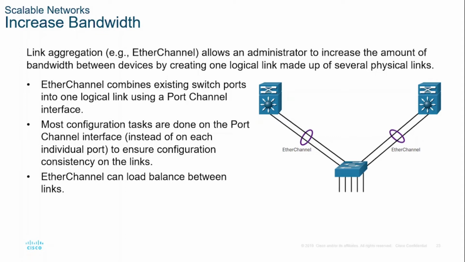As traffic from multiple links converges into a single outgoing link, it is possible for that link to become a bottleneck. So link aggregation such as EtherChannel allows an administrator to increase the amount of bandwidth between devices by creating one logical link made up of several physical links.